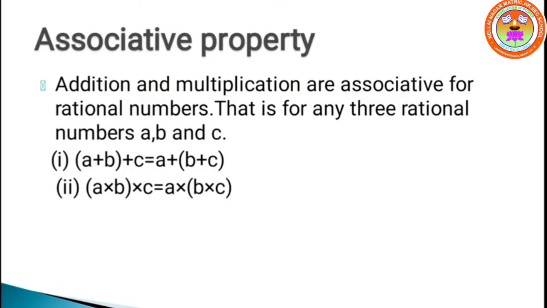Now we'll move on to the third property, that is associative property. Addition and multiplication are associative for rational numbers. That is, for any three rational numbers a, b and c, the first subdivision is a plus b plus c is equal to a plus b plus c.